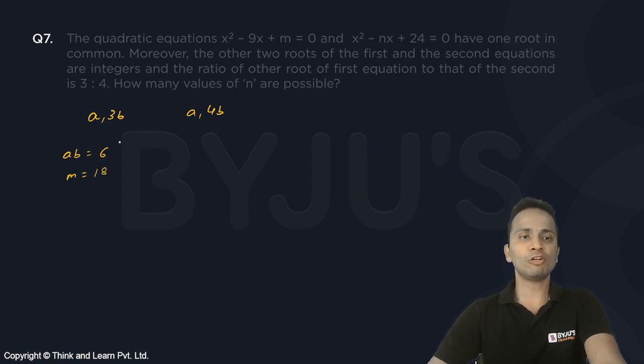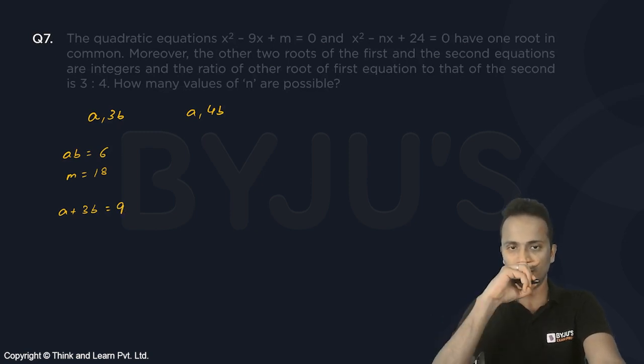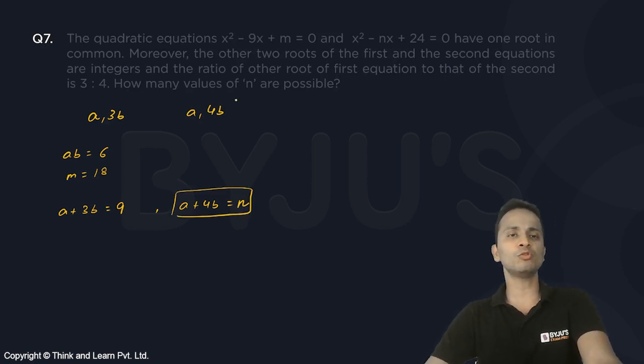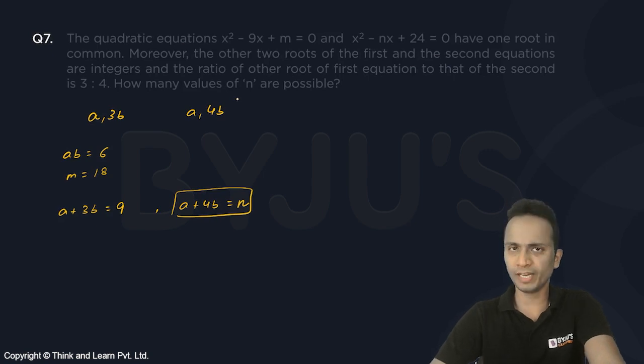Now the sum of the roots for the first equation will be a plus 3b, and that is equal to minus b upon a, that is equal to 9. So a plus 3b is equal to 9. For the second equation, the sum of the roots, that is a plus 4b, is equal to minus b upon a, that is equal to n. So the value of n is a plus 4b, and we have to find out the possible values of n.